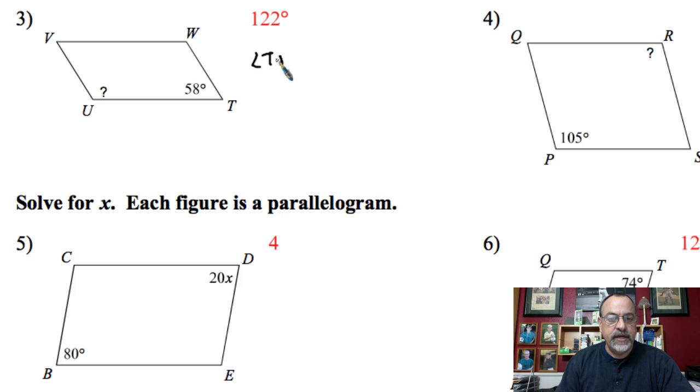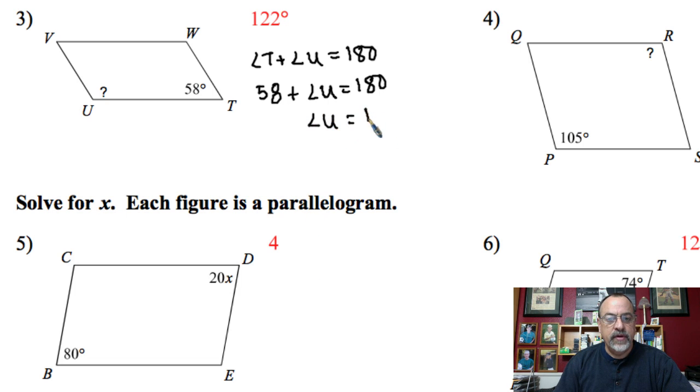So angle T plus angle U is going to be equal to 180. That's the application of the geometry. Substituting in now the algebra, substituting in the 58, I can subtract using algebra. So the measure of angle U would be 122.